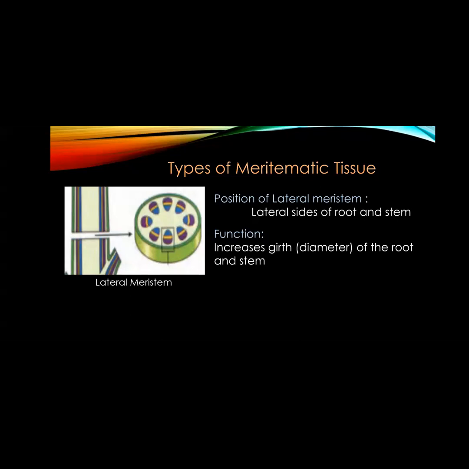This increase in the diameter is because of the lateral meristem. So it increases the girth of root and stem. It is very important for secondary growth in the plants. This is all about the meristematic tissue.